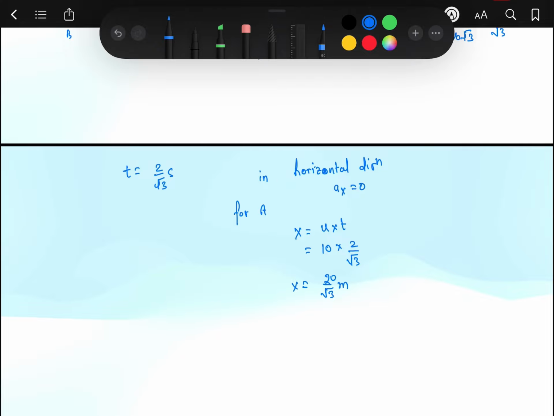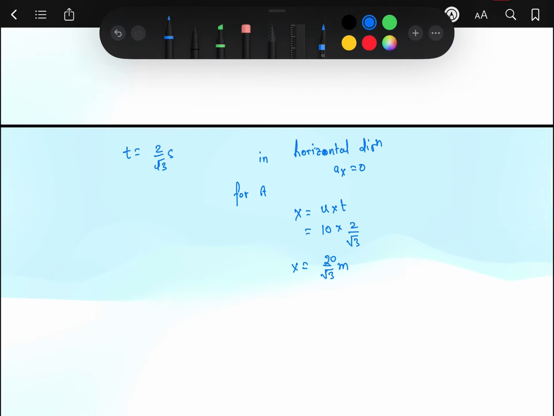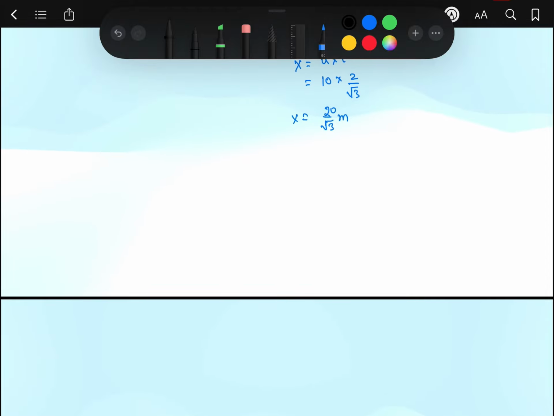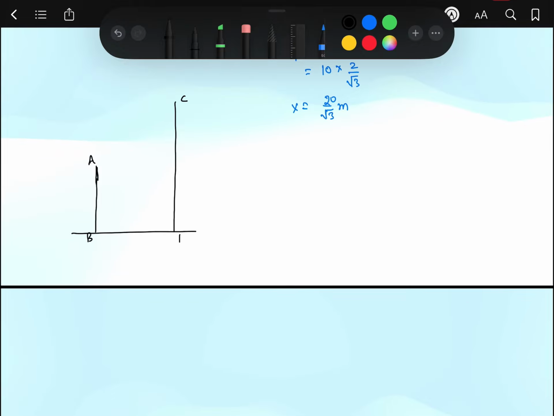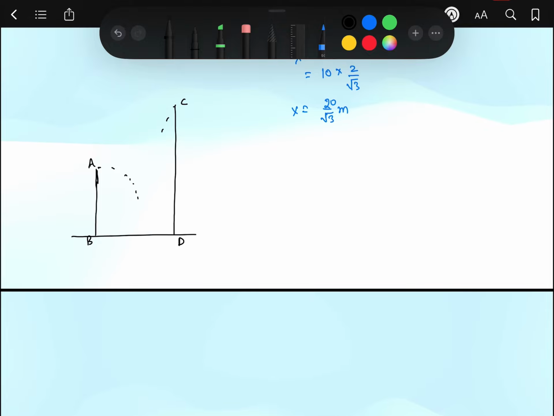So the two particles will be falling after the collision. This is our tower A, and this is our tower B, this is AB, this is CD. And these two particles are coming like this, and this is coming like this, and after collision they are just falling down like this.